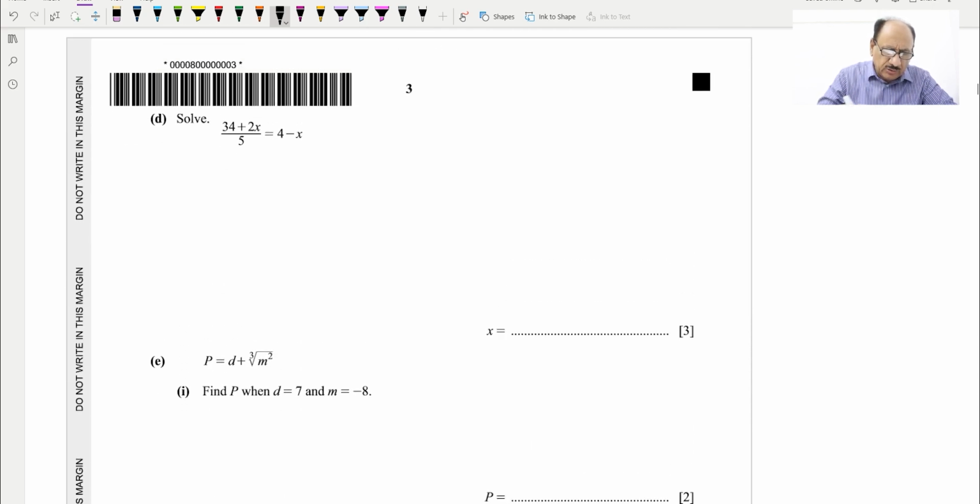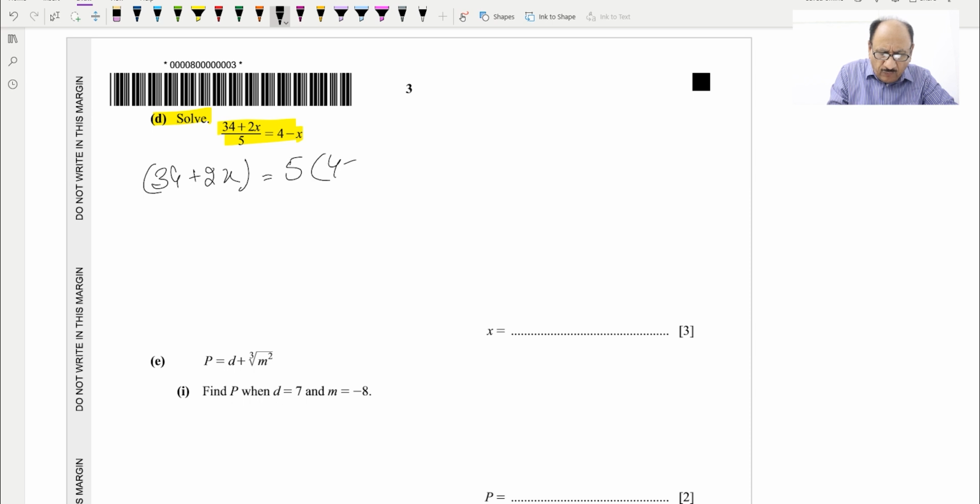Next is part D. We need to solve this equation, and x is on both sides, so we can cross multiply. We can shift 5 to the other side, that will be easier.